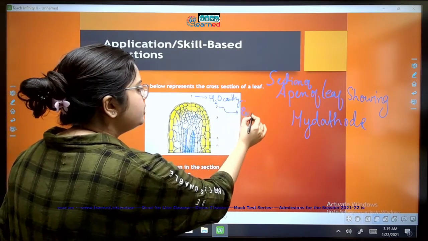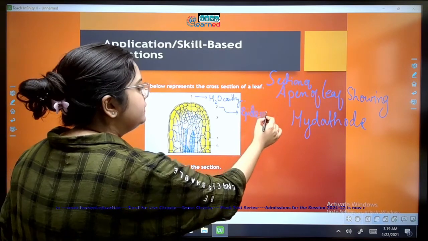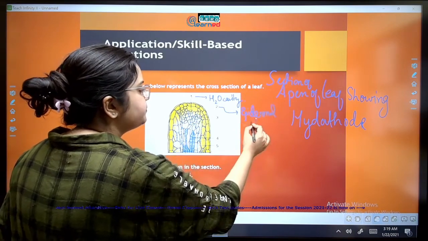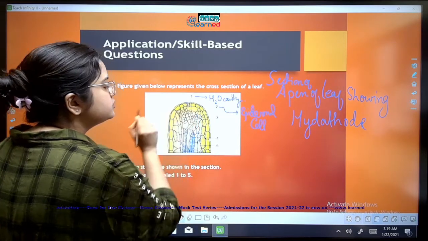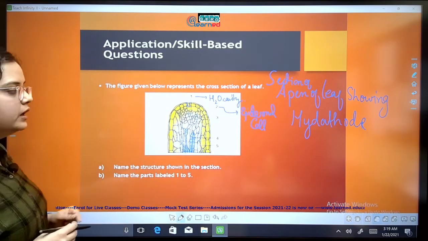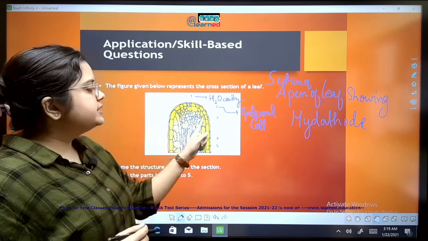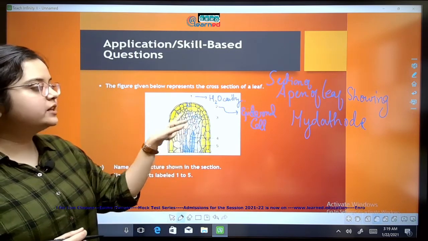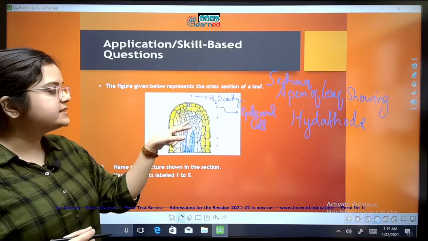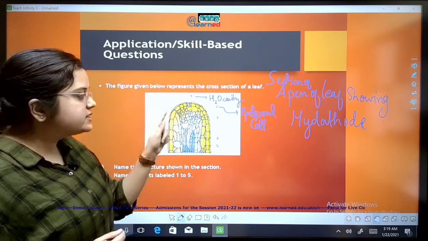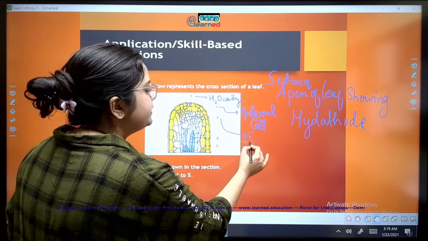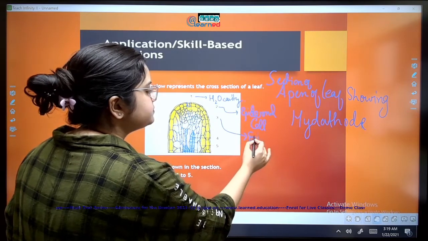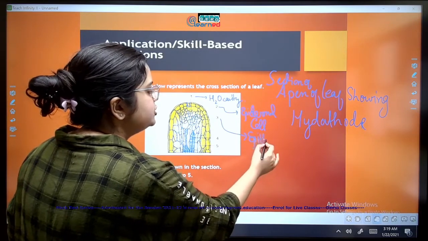In this particular picture, they have not shown that pore which is the hydathode. These are the loosely held parenchymatous cells just flanking the water cavity. So 3 will be the epithem, E-P-I-T-H-E-M.